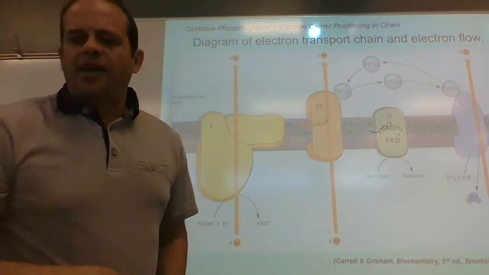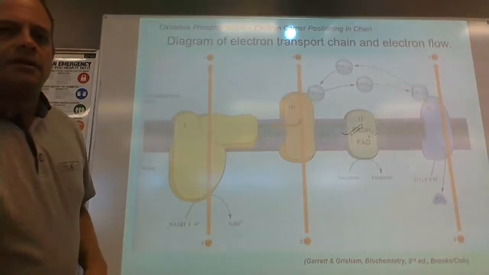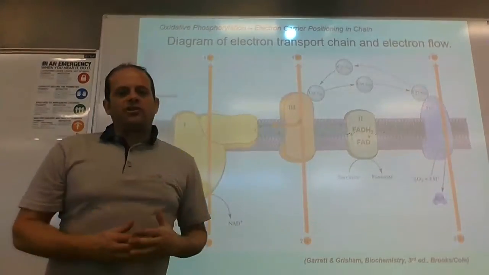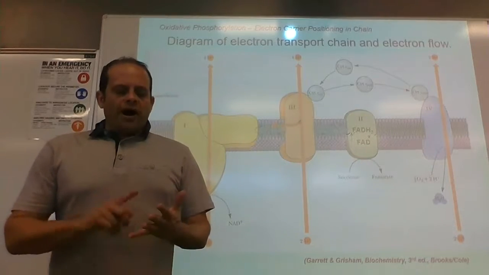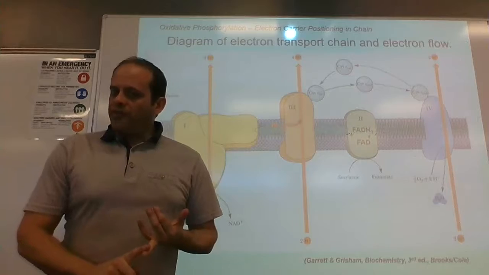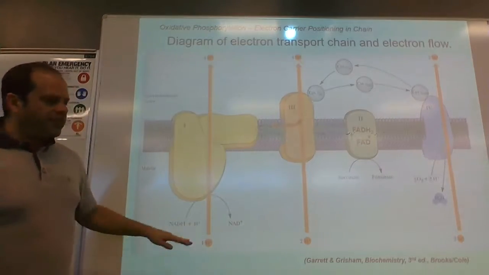So here is a diagram of the electron transport chain where NADH and FADH are transporting their high energy electrons and their hydrogen ions. So a couple things to note here.